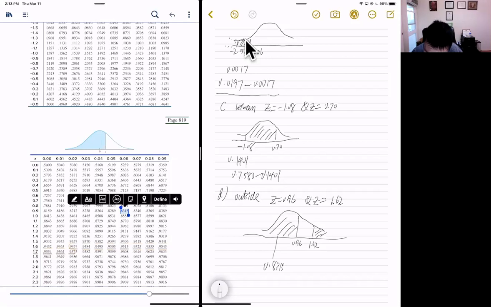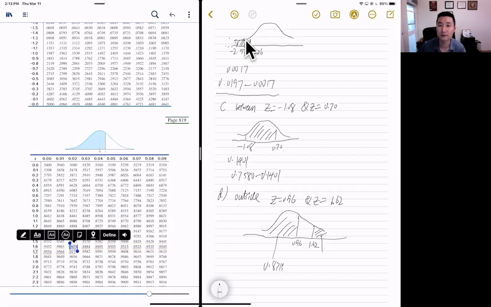Okay, and then for this part, look at Z of 1.62. 1.62 is here. Okay, so that is 0.9474, correct?